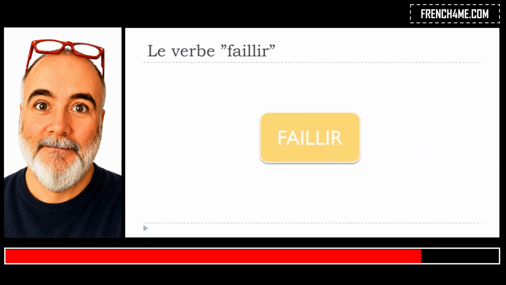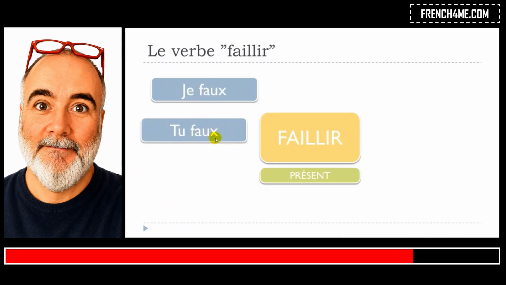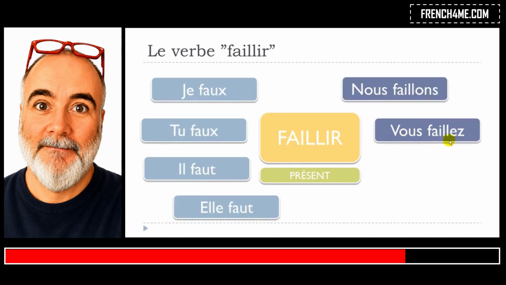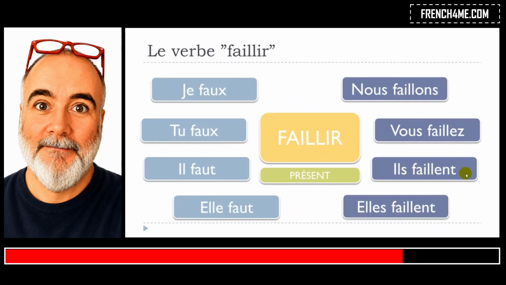So, faillir, alright, at the present form, and it goes like je faut, tu faut, il faut, elle faut, nous faillons, vous faillez, il faille, elle faille. Okay, and before continuing, let's admit that it is really rare to hear or to see these forms.